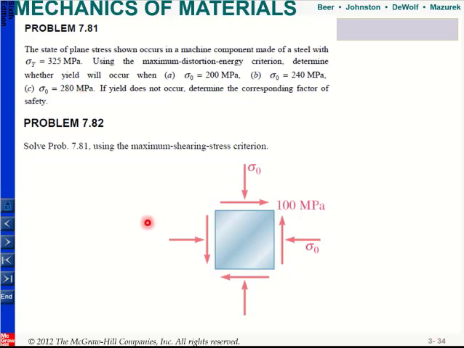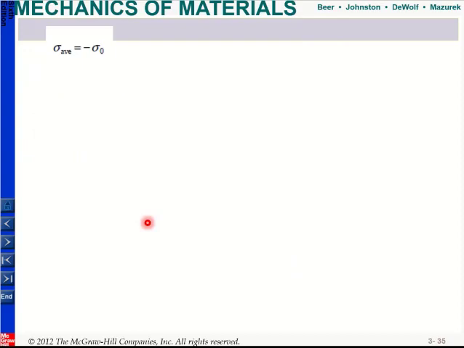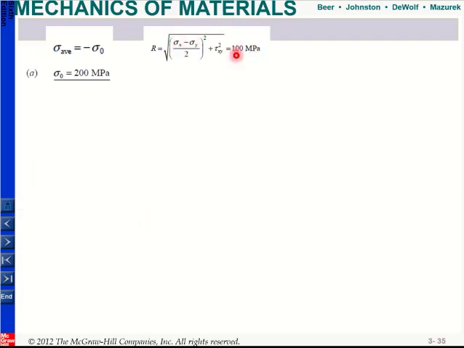All right. So in order to solve this, first I need to find my maximum and minimum values. This is why first I find my average, which is equal to minus sigma 0, and then you can find your R, which will be equal to 100 megapascal. Since they have the same values, they will cancel each other, so it will be equal to 100 megapascal.